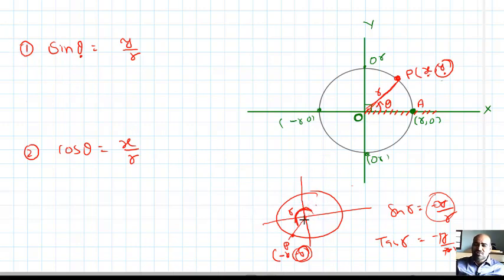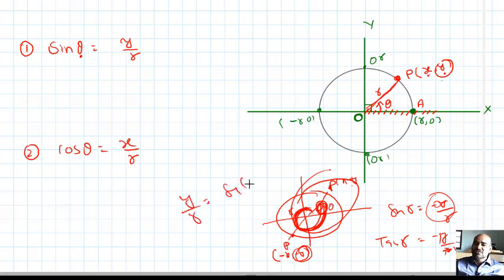See here, now I am rotating. My P is here, x comma y. So what is the angle? My angle is theta plus something. For example, this angle is theta, so the total angle is 360 plus theta. Somebody will ask, what is y by r in this diagram? I can say sin of 360 plus theta. Rotating again, two complete rotations are completed, so the angle is 2 times 360 plus theta. What is y by r?